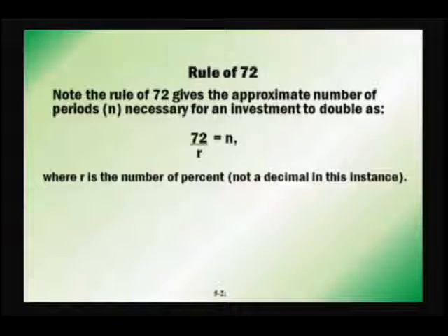That's 7.2 years that it would take to double the amount of money that I'm starting with. Unfortunately, every financial problem does not involve doubling the money. So even though this is a guide that you can use to help you, we'll get into a lot more detail using the financial calculator.